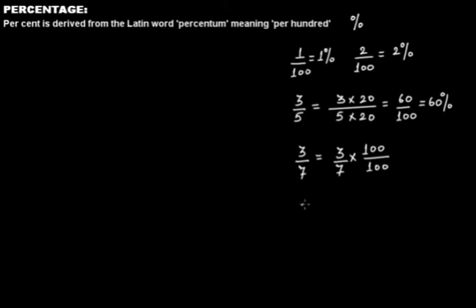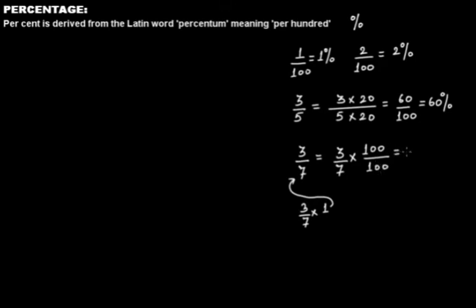So it means that 3 over 7 multiplied with 1 will give you back this fraction only, right? So why have we done this? Because again, we are using the concept of equivalent fractions. We need 100 in the denominator in order to tell the percentage. Therefore, we have 100 by 100.